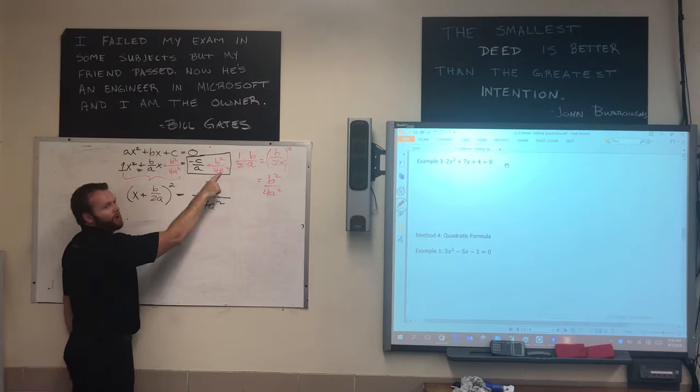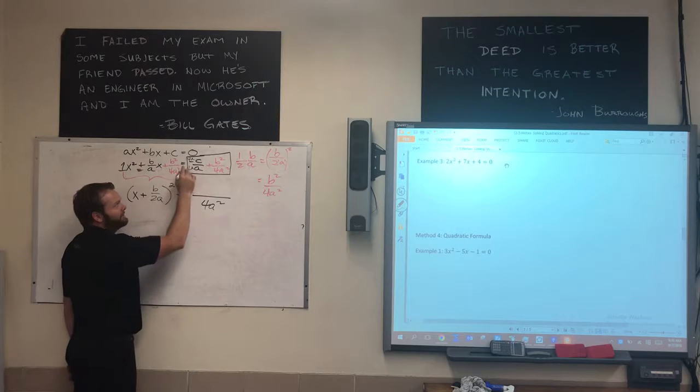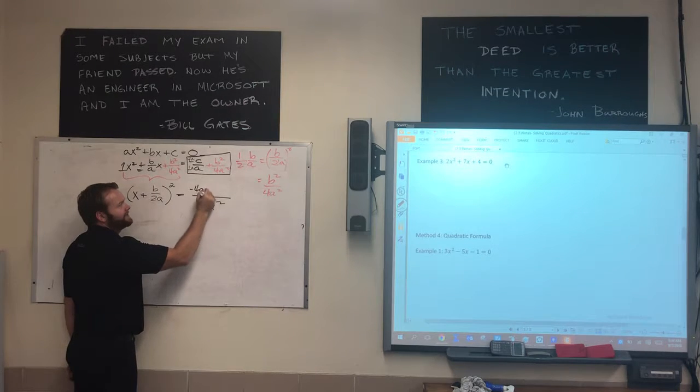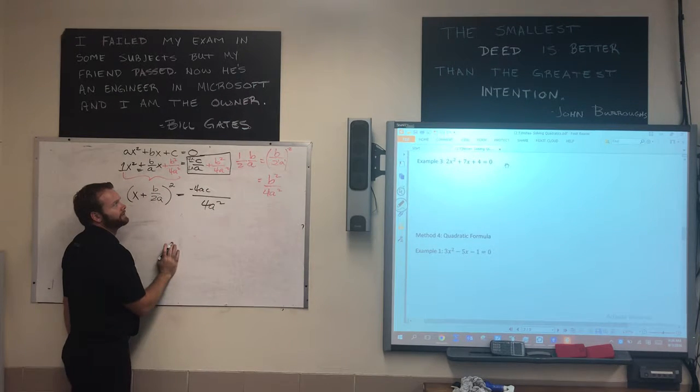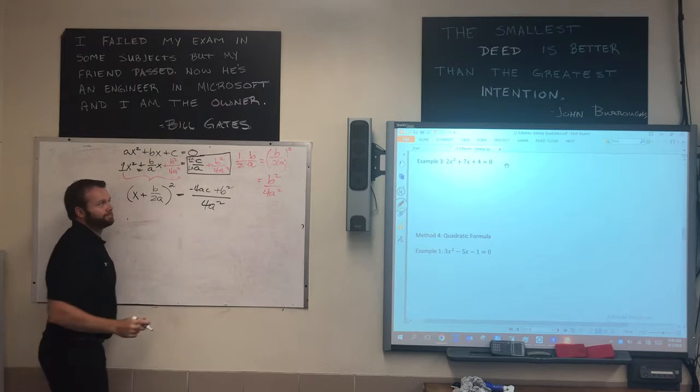So does this one need to be multiplied by anything? No? Does this one? Yeah, this needs to be multiplied by 4a, right? Multiply top by 4a, right? So now up top I get negative 4ac. Okay? On the bottom I still have 4a squared, and then this one I'll have my b squared.